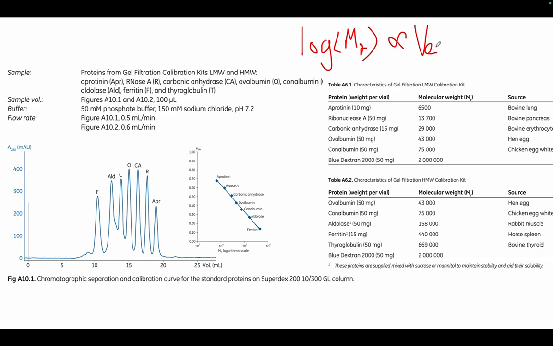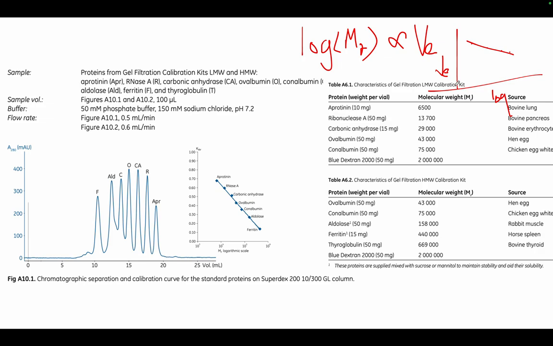So all we have to do to make the calibration curve is plot log molecular weight versus elution volume, and we should get a straight line. If our column is working properly and there are no issues with packing and so on, then we should get a straight line. And we can use this line to find the molecular weight of any protein that we run in the column.